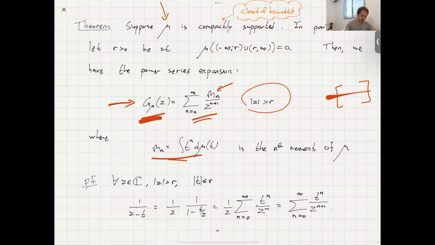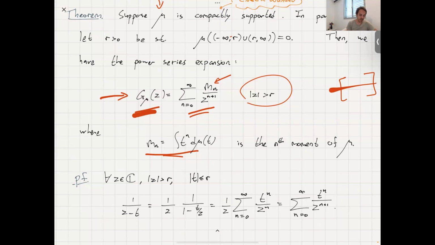So the proof is very simple. Let's take any z that has a modulus strictly larger than R, and let's consider any t that's smaller or equal than R. That's going to be a t in the support of mu in a second. Then the integrand of the Cauchy transform, 1 over z minus t, you can write like that.